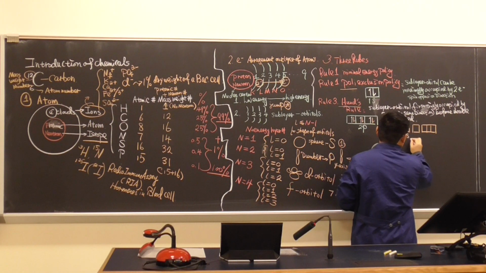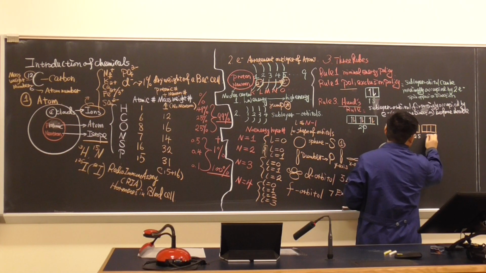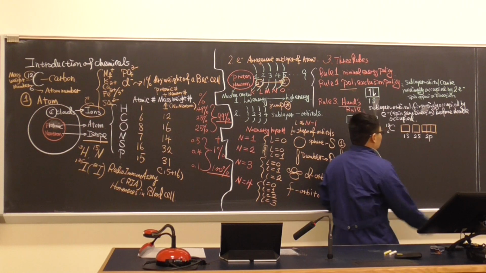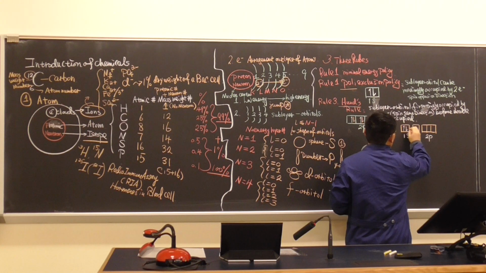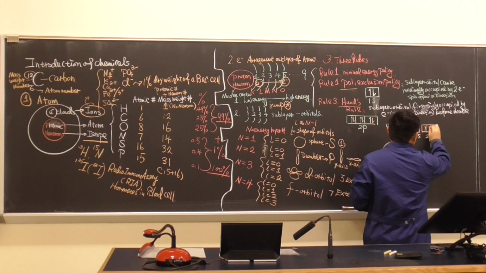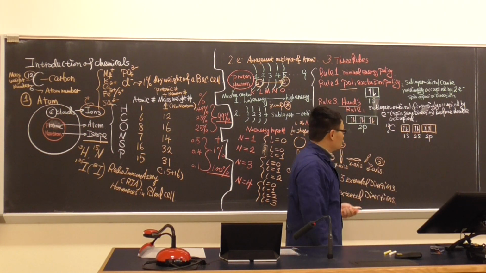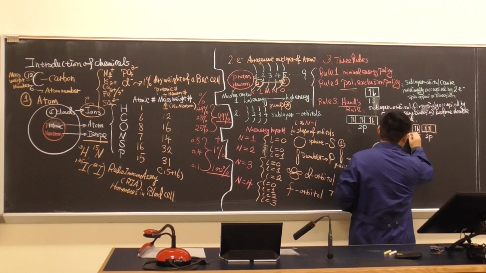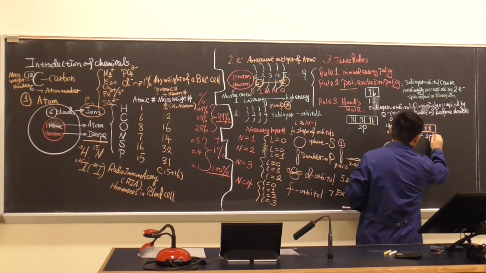This is 1s, 2s, and 2p. How we do it? Up, down, up, down, up, and up. So what's the arrangement? 1s2, 2s2, and 2p2.